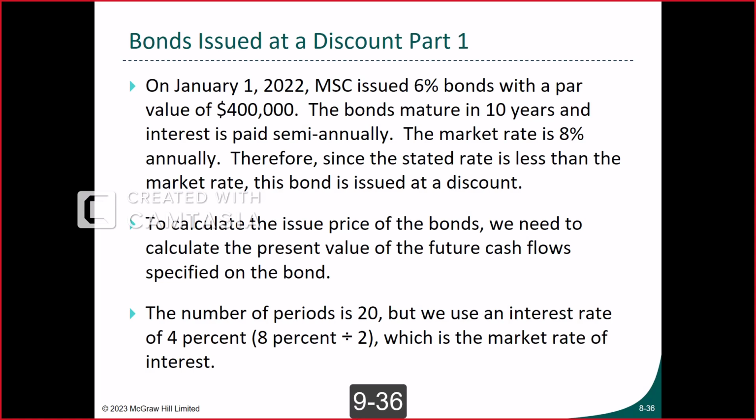And interest is paid semi-annually. What does this refer to? It refers to the frequency of the interest payment, so twice a year. So how many interest periods do we have? 10 years with 2 payments a year. That is how many interest periods?